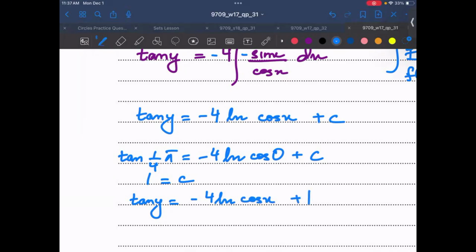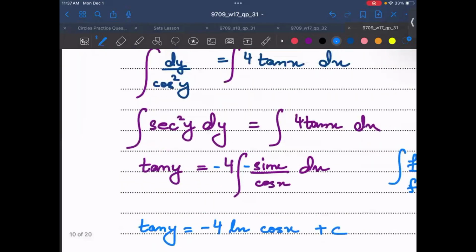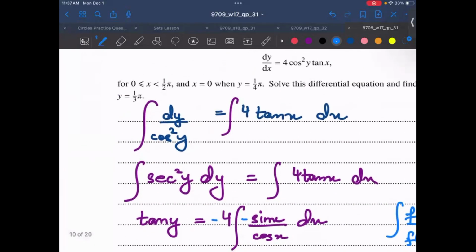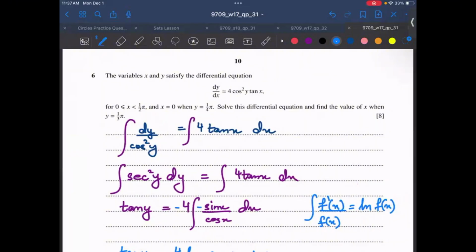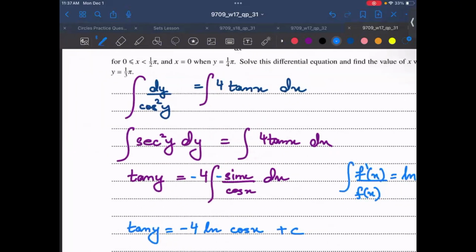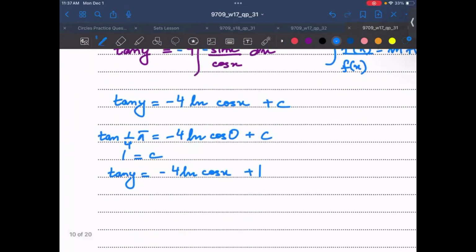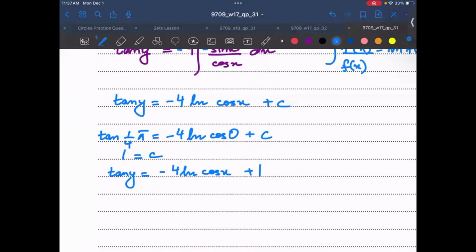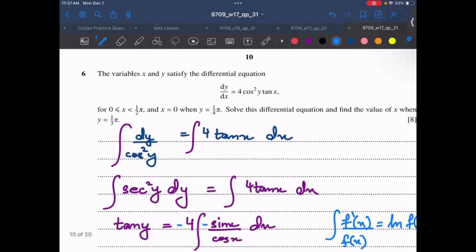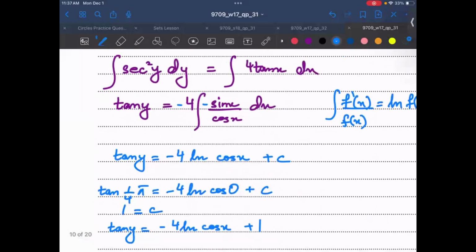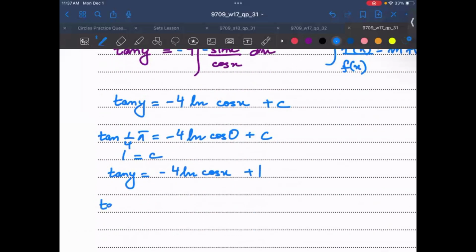Now, in the next part, it says solve this differential equation and find the value of x when y is equals to 1/3 π. So we'll substitute y equals 1/3 π. So tan of 1/3 π is equals to minus 4 ln of cos x plus 1.